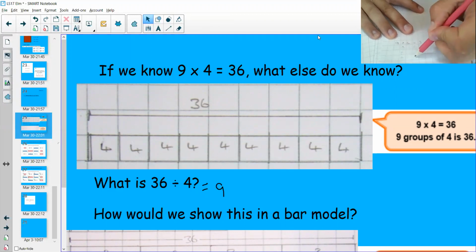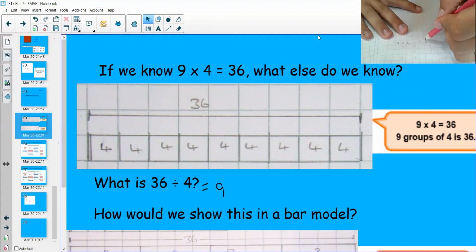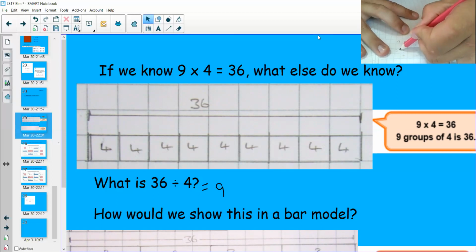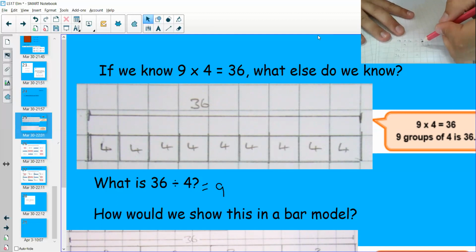If we know that 9 times 4 is 36, we can automatically do division signs and multiplication signs, because we know there's going to be 4 facts in total, so 2 multiplications and 2 divisions. We know that the first 2 are going to end in 36, and the division ones are going to start with 36. Then very quickly, we just transpose these numbers.